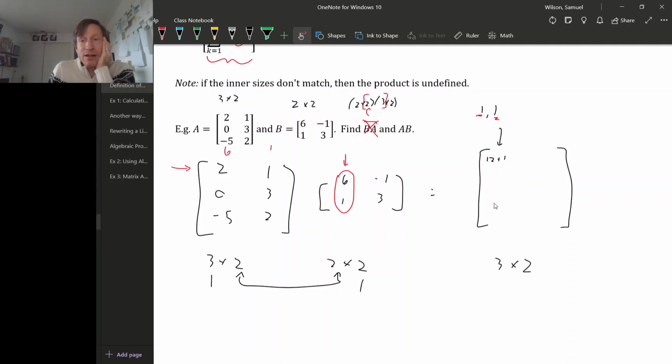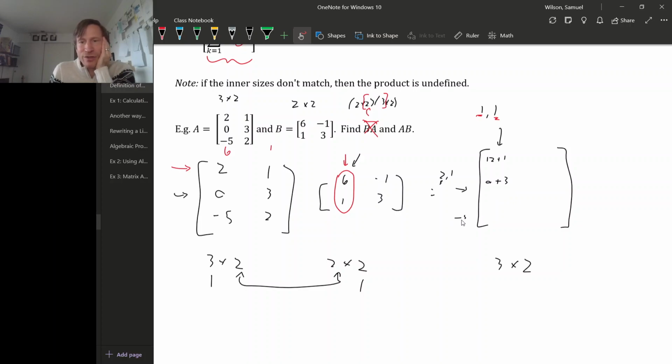Okay, now let's figure out the second row, first column. We're still going to use the first column from B, but since we want the second row of our matrix, we move down to the second row of A. So now I take this 6, 1, and I slide it down further until I hit these entries. So 6 times 0 is 0, plus 1 times 3 is 3.